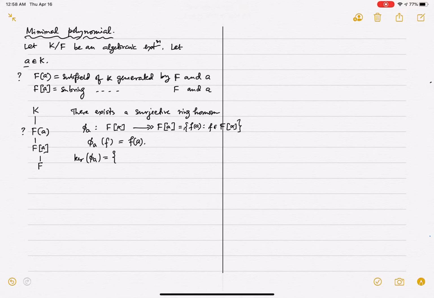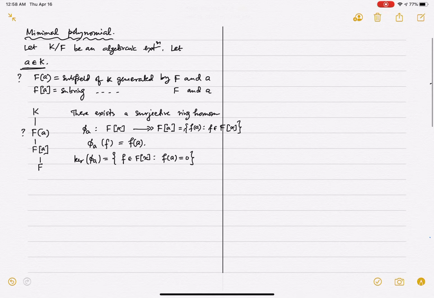Well, the kernel by definition is all the polynomials f such that f(a) is 0. So this is the set of polynomials that a satisfies, that a is a root of. And because a is an algebraic element, that just means there is some non-zero polynomial that a satisfies, so this kernel is non-zero.